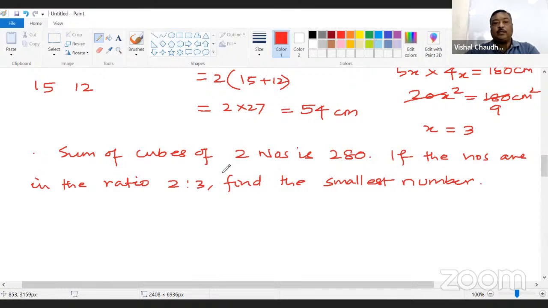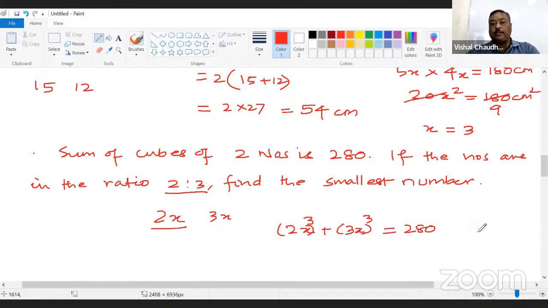Now understand, sum of cubes of two numbers. If the ratio is 2 is to 3, let's assume the numbers as 2x and 3x. These are the two numbers. And sum of cubes means the cube of these. So what I will write is (2x) whole cube plus (3x) whole cube is equal to 280.